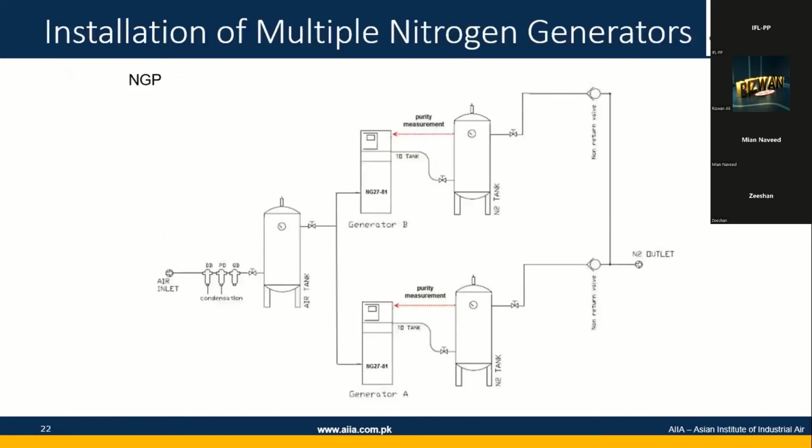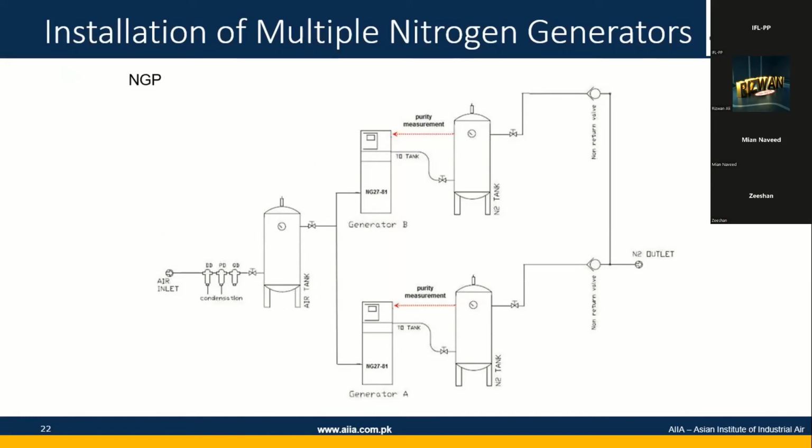So what does it look like to install multiple nitrogen generators? If you see this diagram, and there is a situation where you have to install multiple nitrogen generators, how would you do that? That's again not a very complicated process.